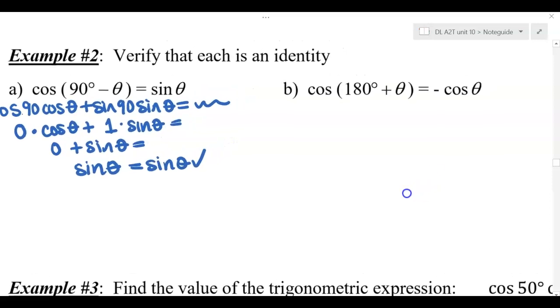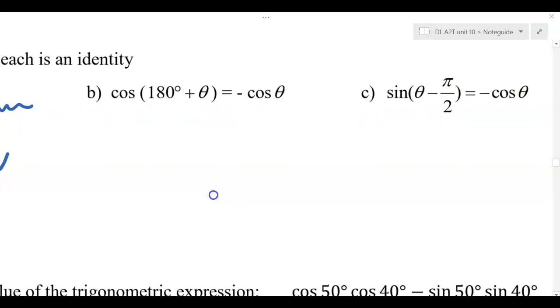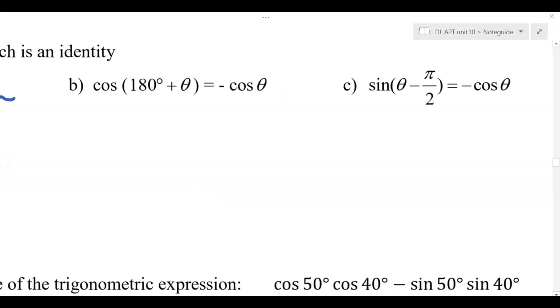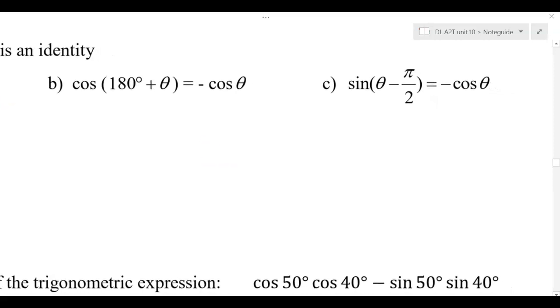Okay. All right, so in part B, in all of these, I'm starting on the left side just because they wrote that sum or difference, this thing with two angles being added or subtracted, on that side. So again, I'm going to expand this using the cosine formula. So cosine of 180 times cosine of theta minus sine of 180 times sine of theta equals, and I'm just not working on the right side right now. You guys don't have to write that squiggly line.